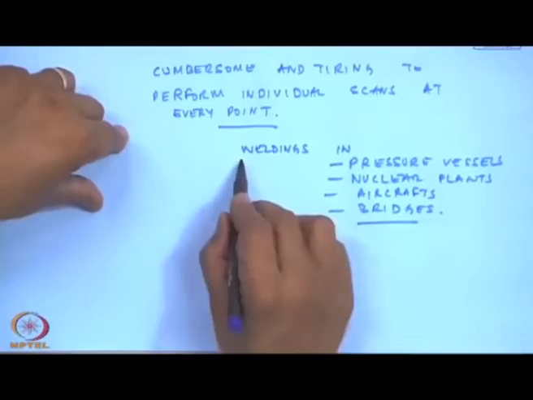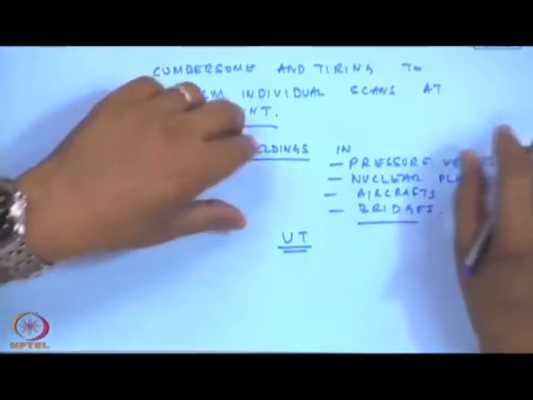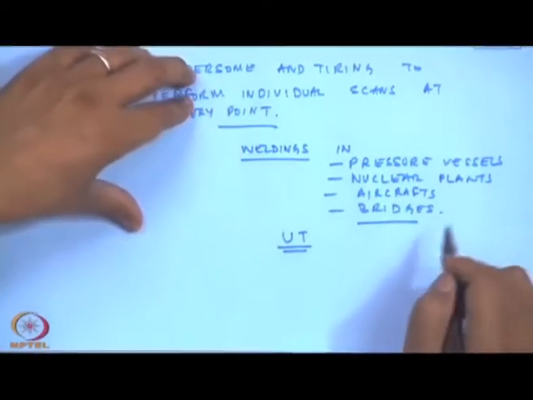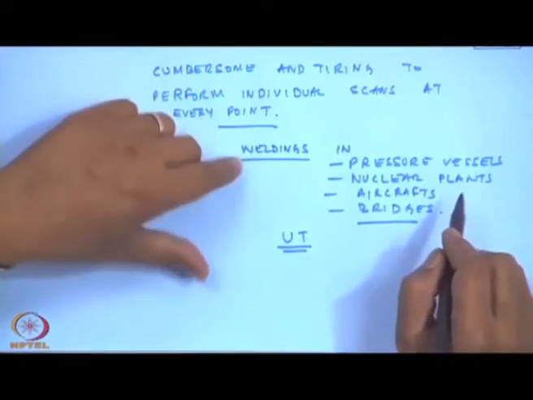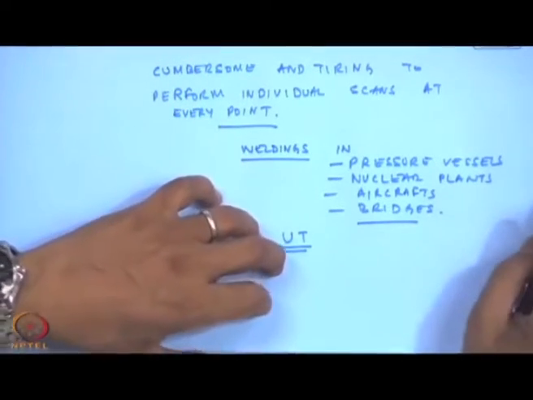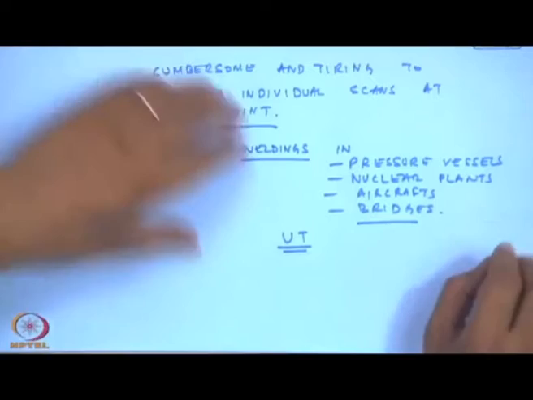Okay. And this is the principle people use to find out the defects in welding, because the whole problem with welding, as we will be studying in a case study, is that welding brings about high temperature in the material.